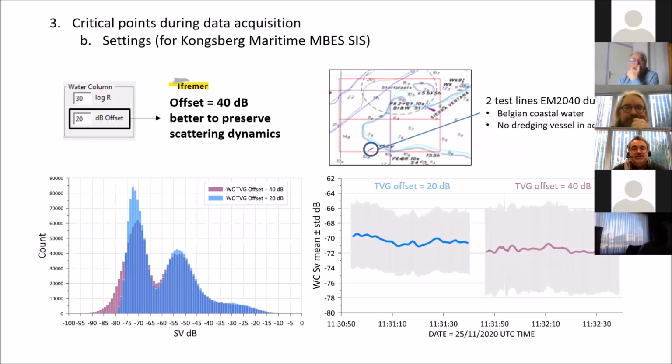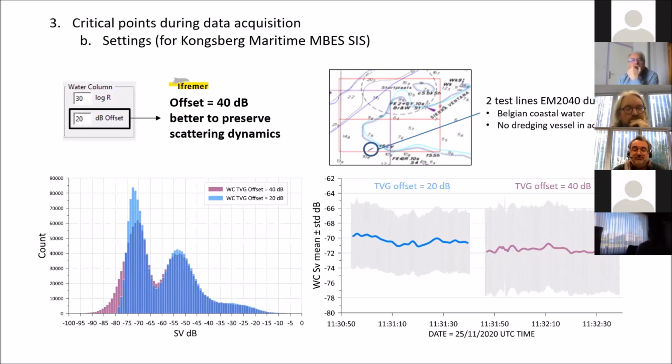Critical points during data acquisition about the settings, but it's for the Kongsberg Maritime system. Of course, Noré and Thomas talk a lot about that, but for the Kongsberg system, the user can define himself two parameters of the water column that affect the time varied gain function of the water column data.